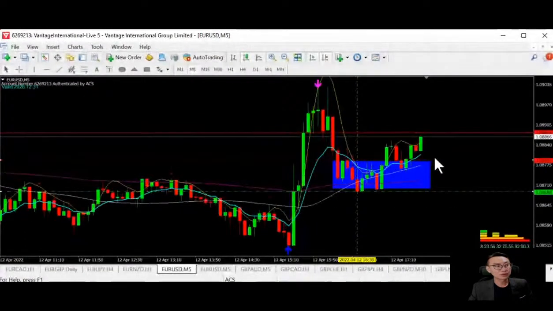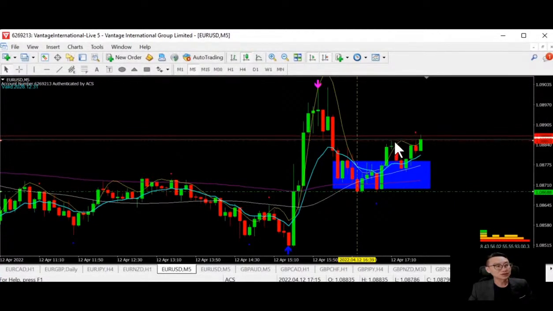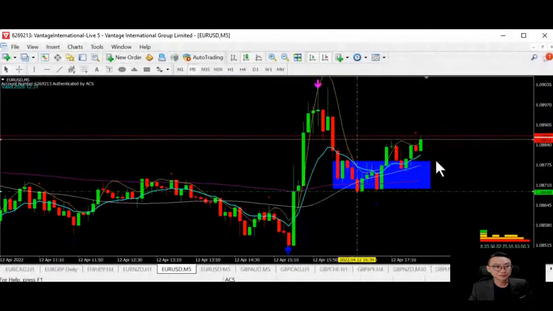When we wait, we'll be looking at the next resistance level over here. When it hits the resistance area, it came down, so I'm waiting for this resistance area to get resisted.